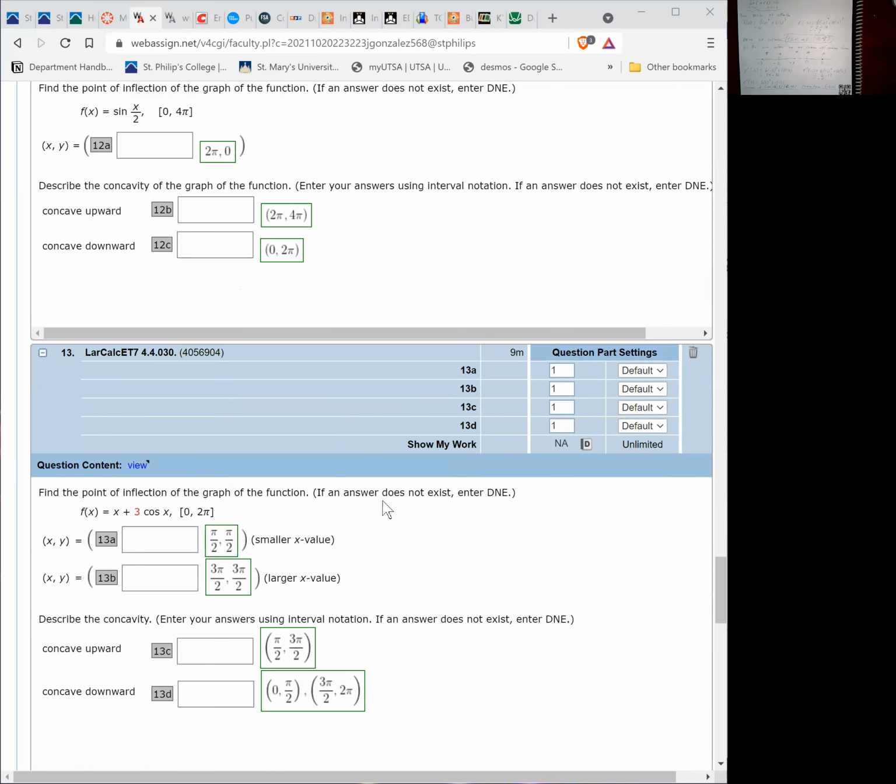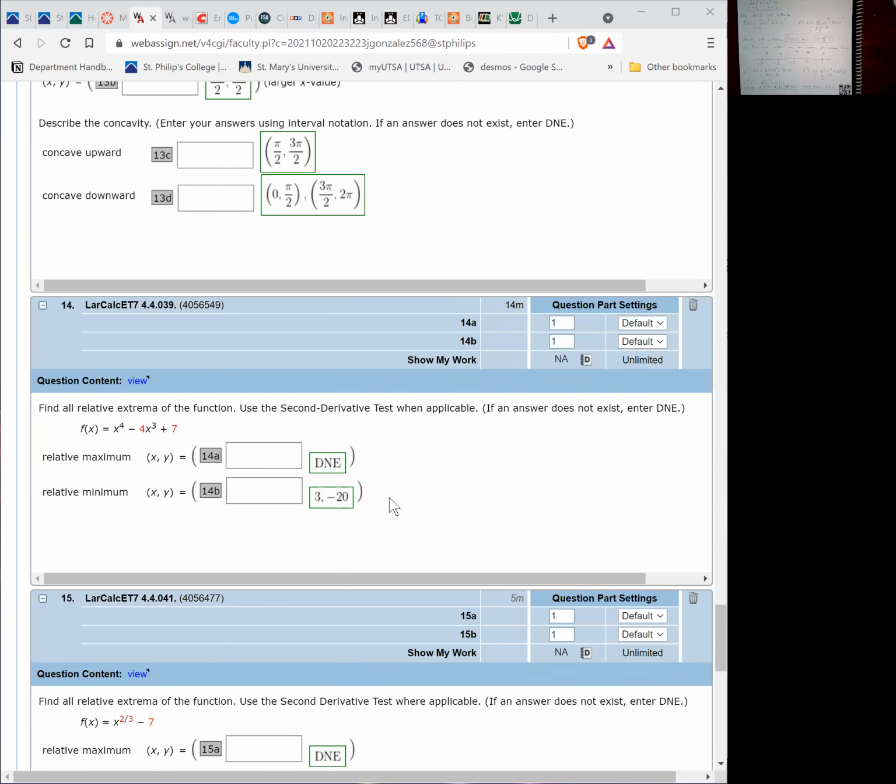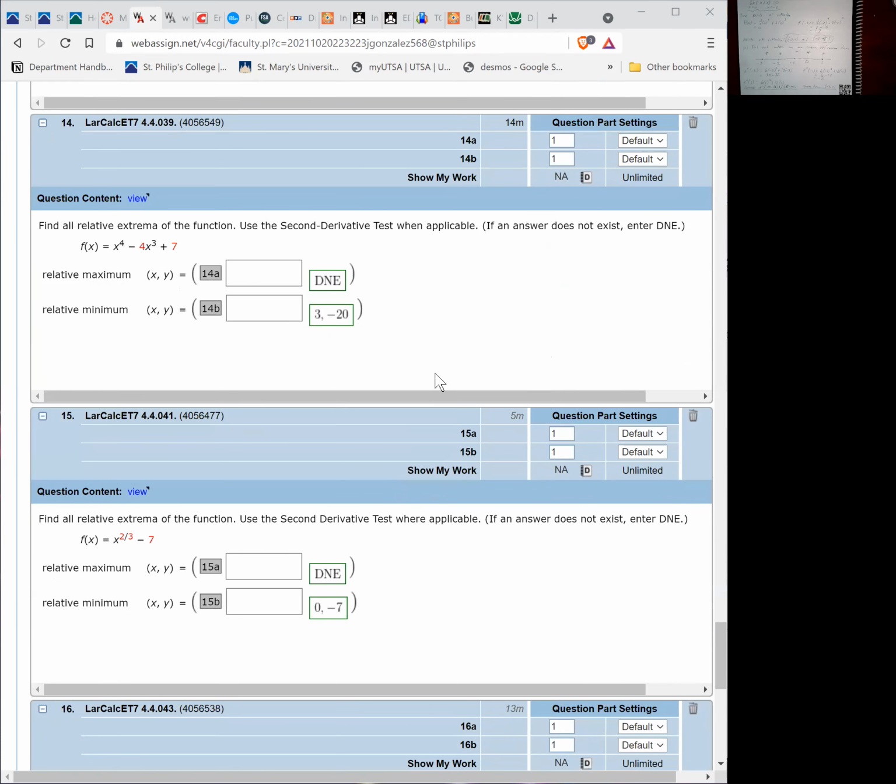Alrighty, now let's do where they actually asked for it. Problem 14 says find all relative extrema, meaning maximum, minimum, and they want us to use the second derivative test.